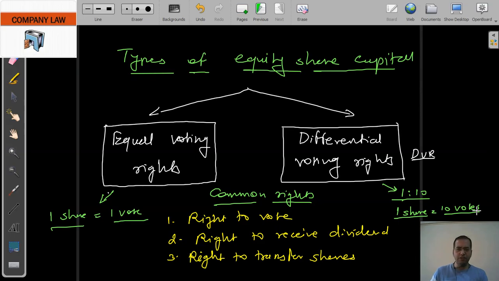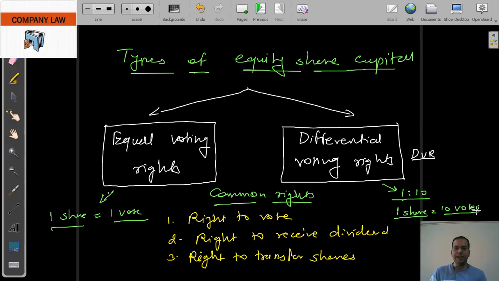Investors may be interested in just investing money in the company, not beyond that, and may not be interested in the voting rights. In that case, investors will definitely come and invest in such companies.